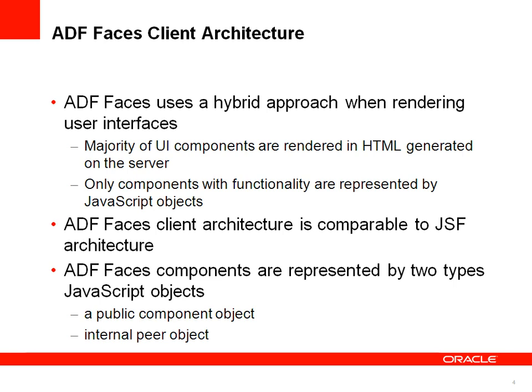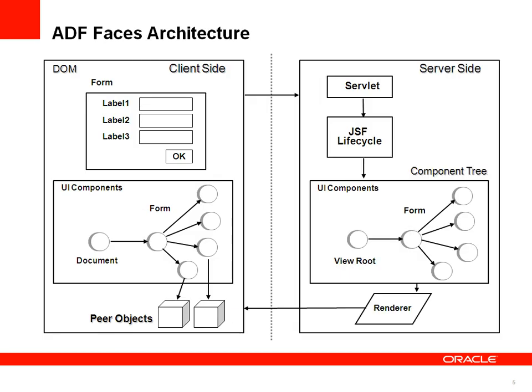This is a graphical overview of the architecture that we have in ADF Faces. On the right hand side you see the Java Server Faces foundation. There is the Java Server Faces component tree that we keep in memory on the server side, and that represents the hierarchical structure of a page as it is displayed in the browser.